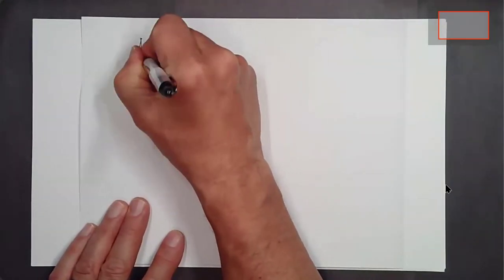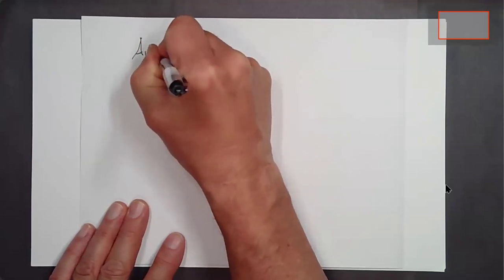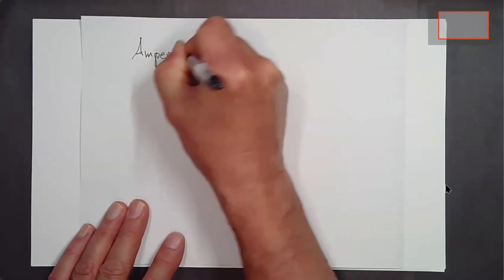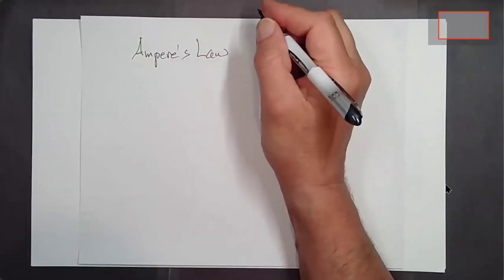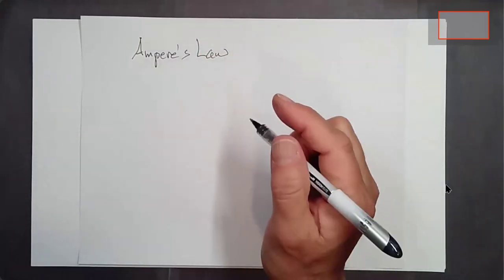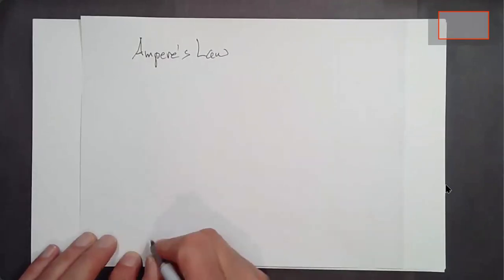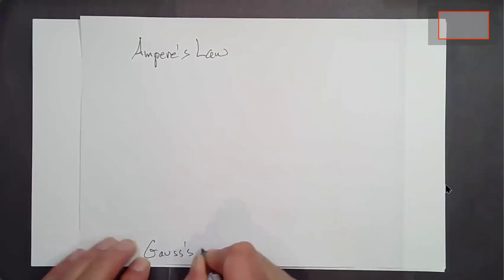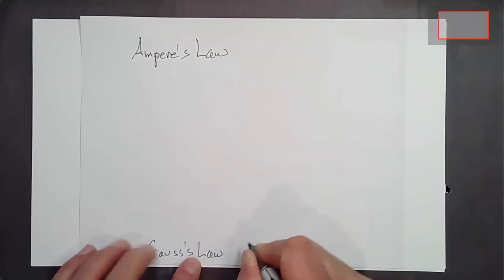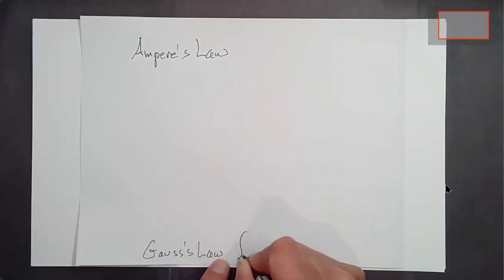Okay, another topic for today is something called Ampere's law. It's kind of mysterious, like Gauss's law is. If you remember Gauss's law, we stated it fairly simply for electricity, at least.